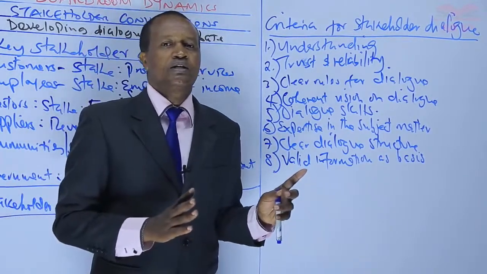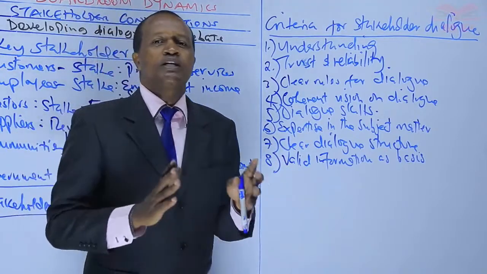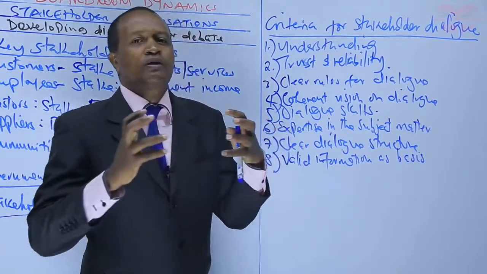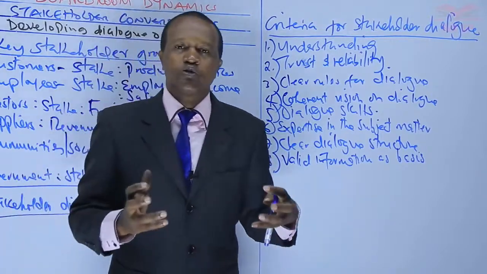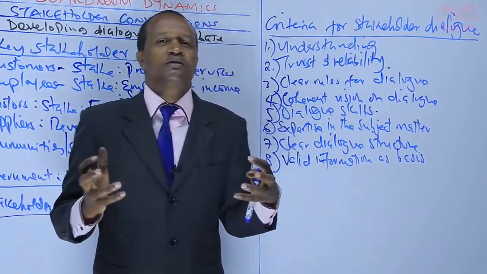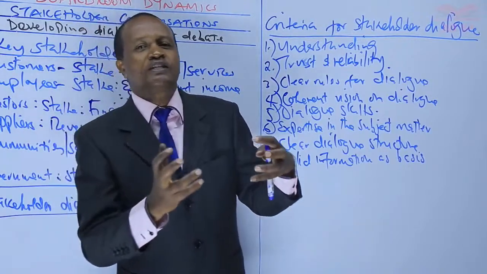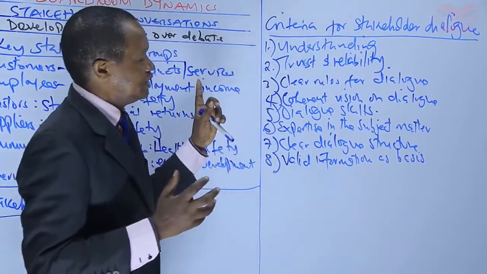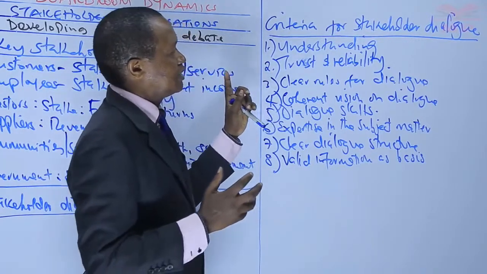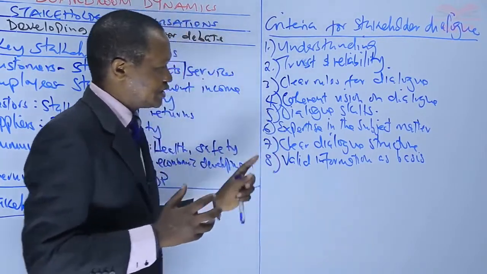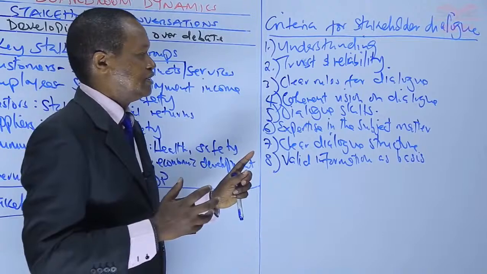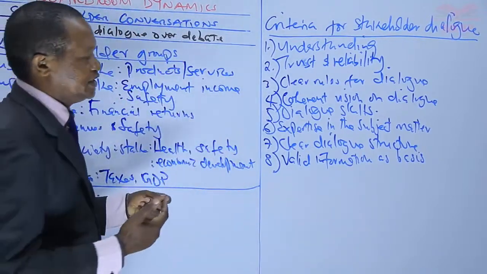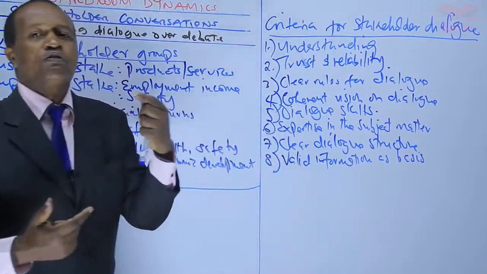Because dialogue is usually based on information the parties present about an actual situation, and it is natural for people to manipulate facts so that the facts can fit their own agenda. So if there is to be a constructive dialogue, it's important that that information is checked for its validity.